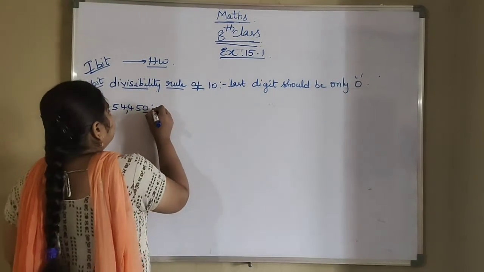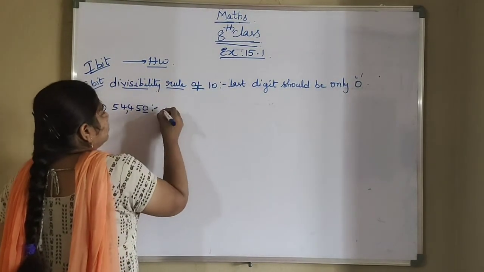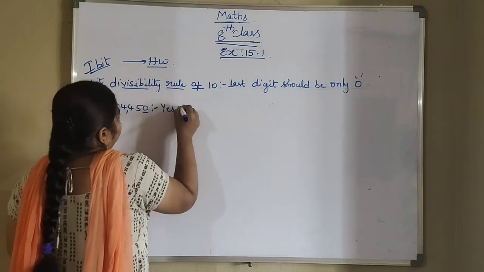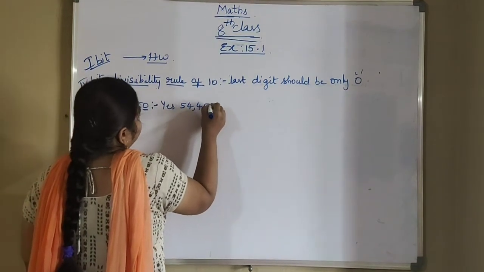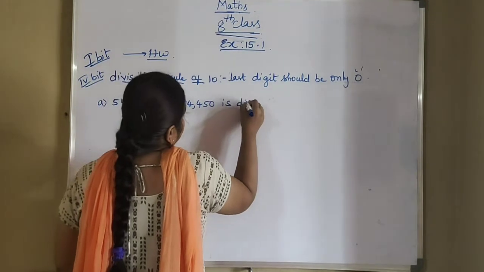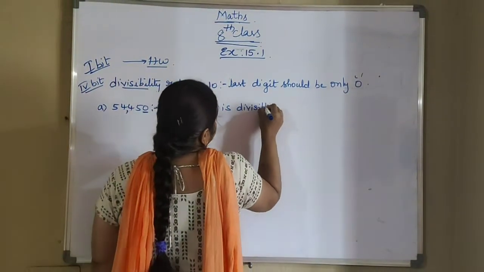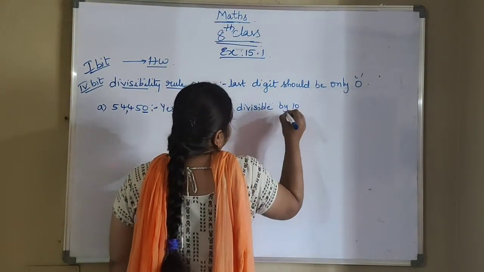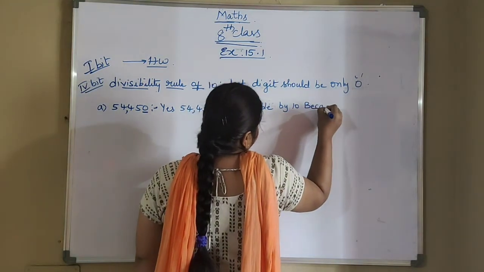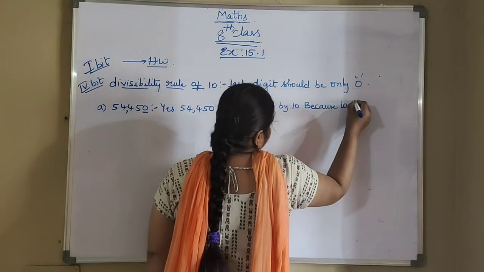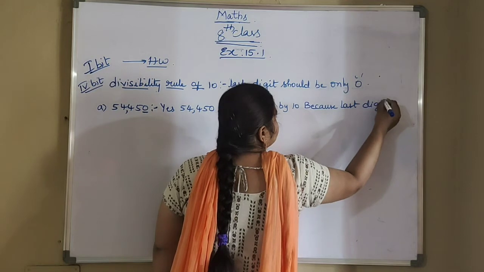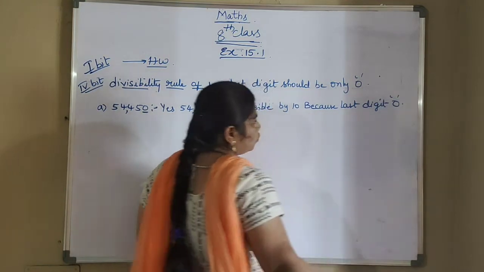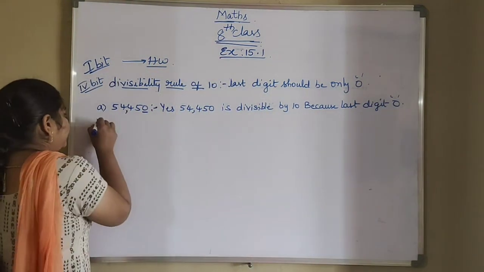So right here, yes, 54,450 is divisible by 10 because last digit is 0.